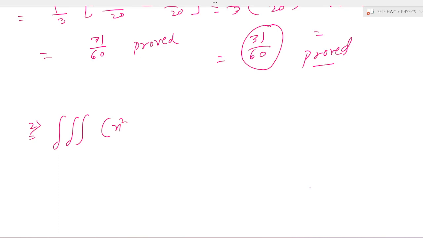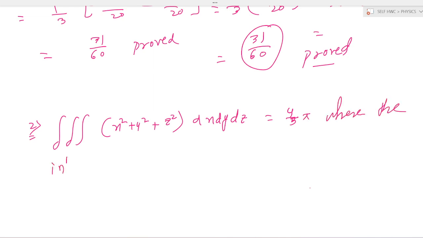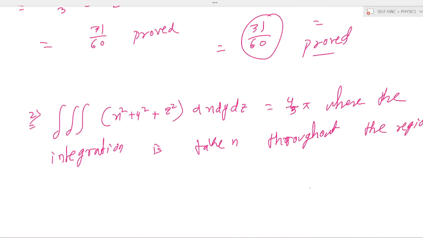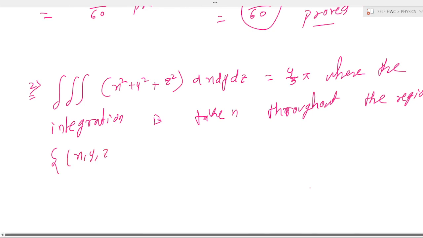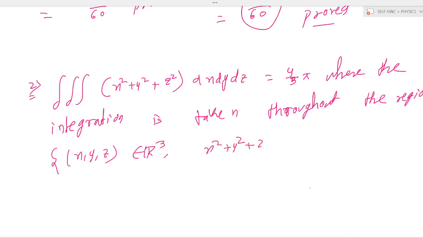Prove that the triple integral of x square plus y square plus z square dx dy dz is equal to pi by 5, where the integration is taken throughout the region where x, y, and z belong to R3 and x square plus y square plus z square is less than or equal to 1.